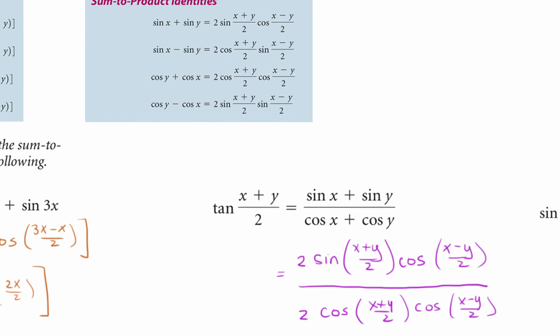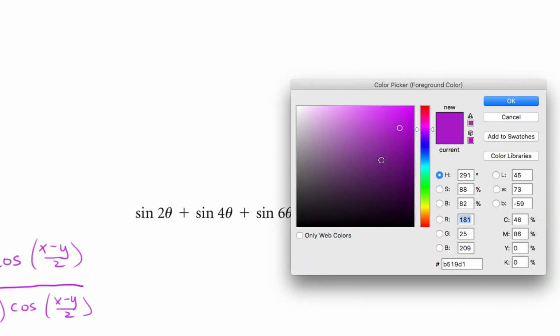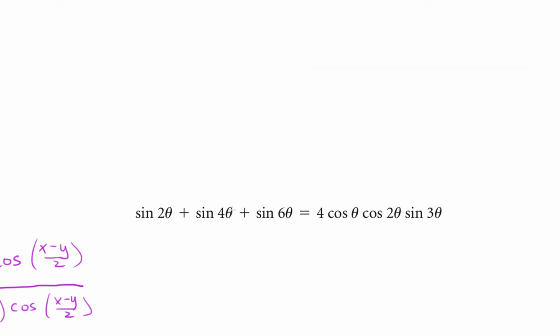Now for the last one, this one is a little tricky. I'm going to use a different color again. Both sides are hard looking, so I'll just choose one, going from right to left. What is my goal?